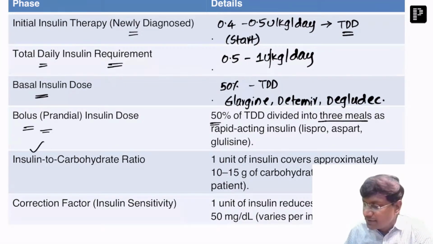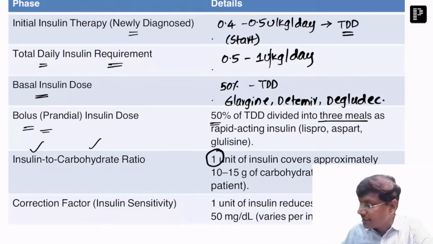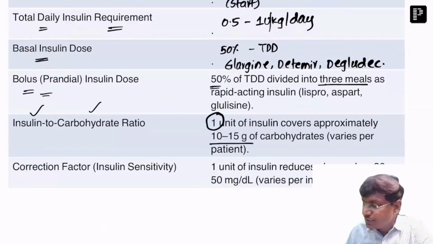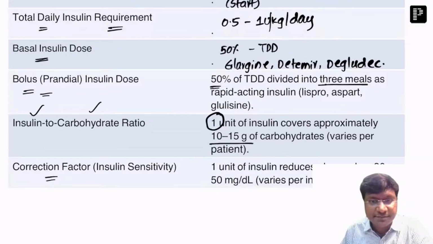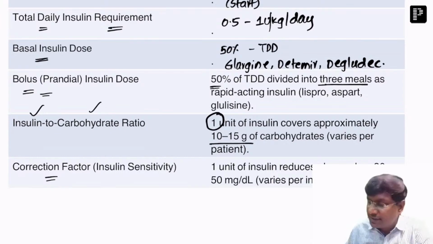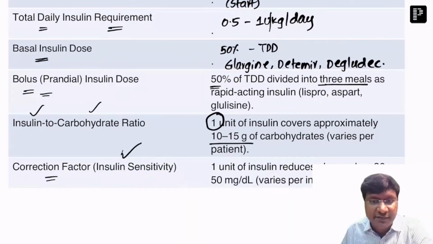And how much should be the insulin to carbohydrate ratio? Whenever you are giving 1 unit of insulin, that will be covering nearly around 10 to 15 grams of the carbohydrate the patient is taking. Then next, you need to know about what is called the correction factor. What is this correction factor? It depends upon the insulin sensitivity of the patient.